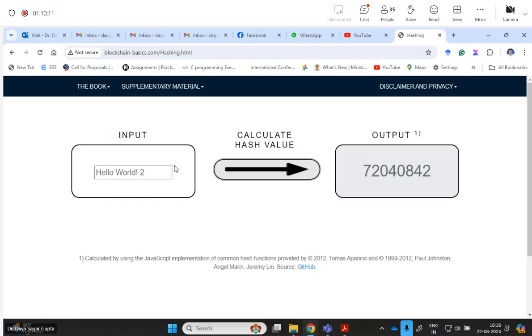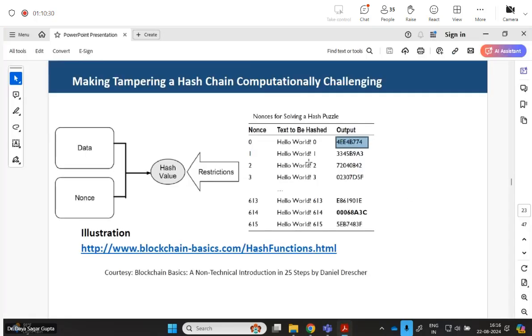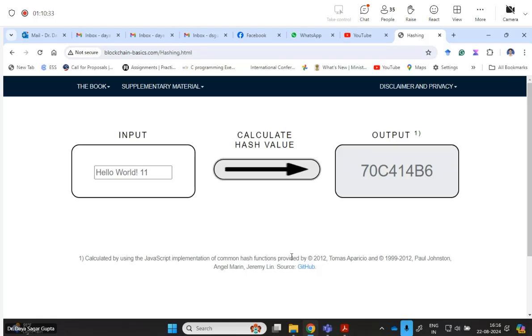So this is hello world 2, and we get this value. Now let us have 11. I just put 11 here. I'm going to get 70 something, let us call it 70C41, at 11. 11 is not appearing here, no issue.